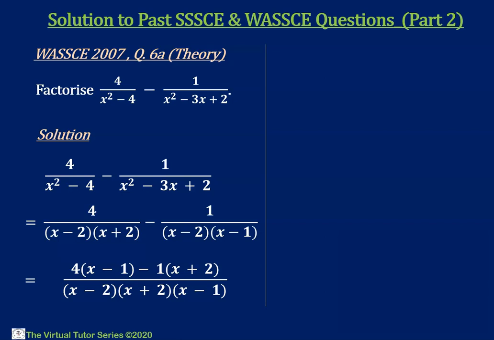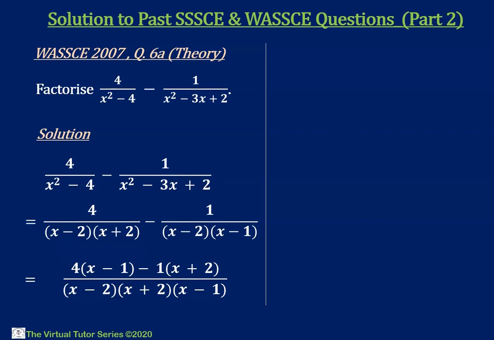Let's now expand the numerators by distributing 4 over x and negative 1 and negative 1 over x and 2. We have 4 times x to be 4x and 4 times negative 1 to be negative 4. So the first group expands into 4x minus 4.